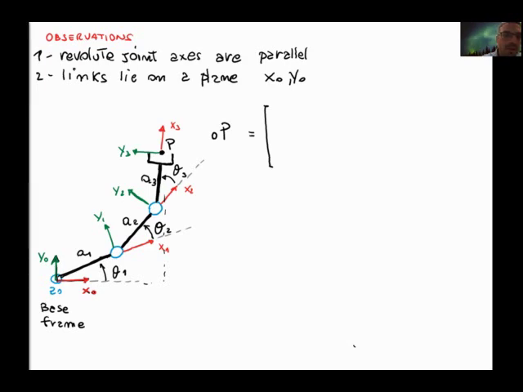Let's start with the z coordinate. Since we are in the plane, we don't have any z coordinate change, so there will be a 0 here.